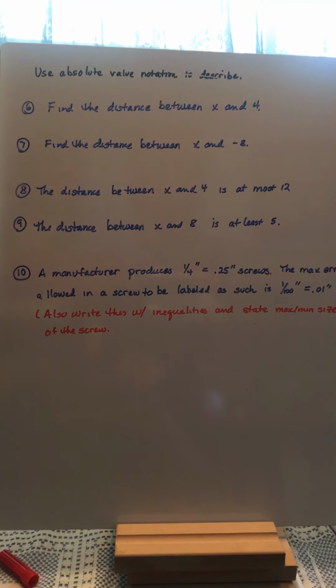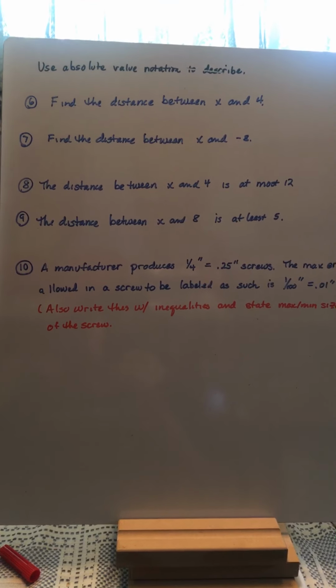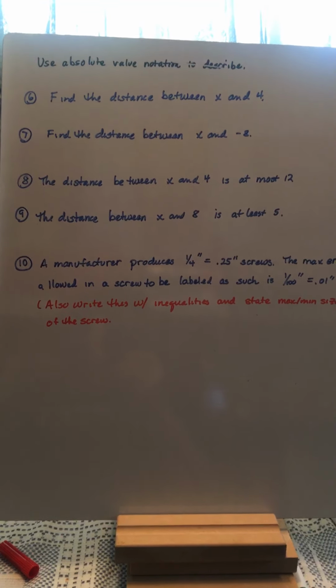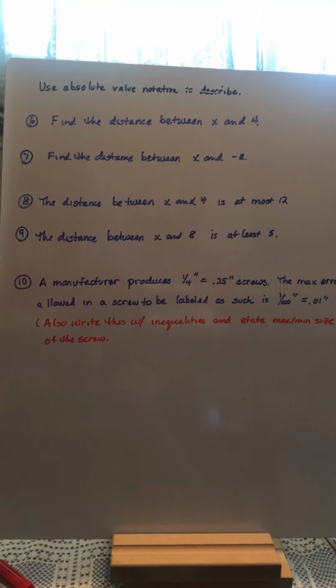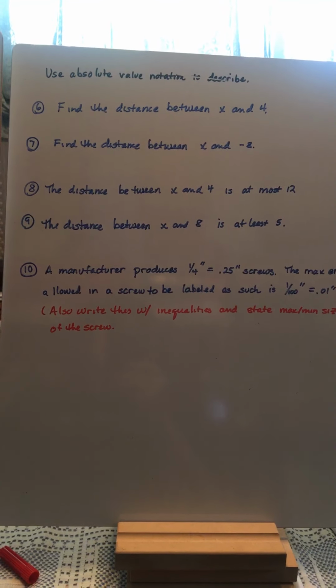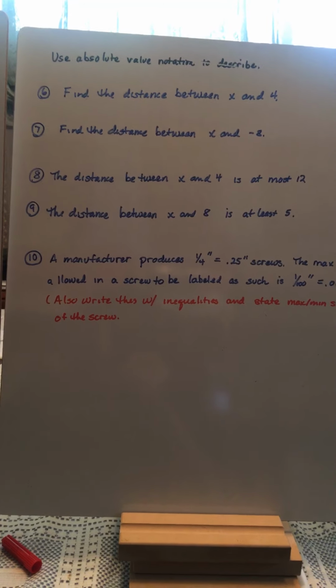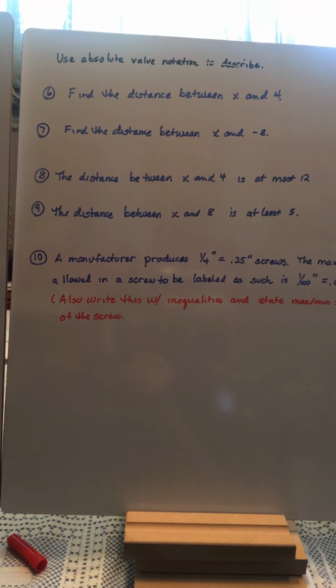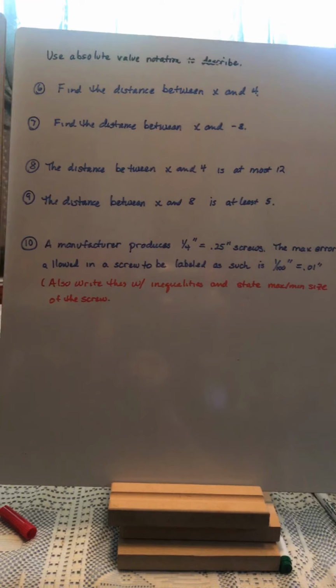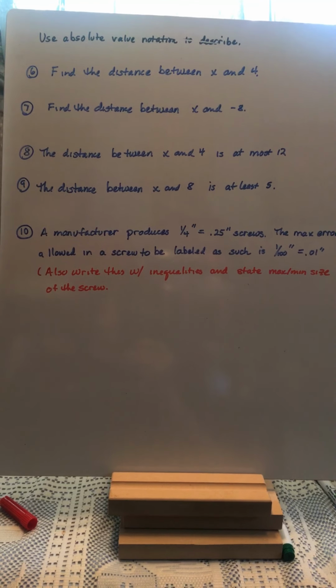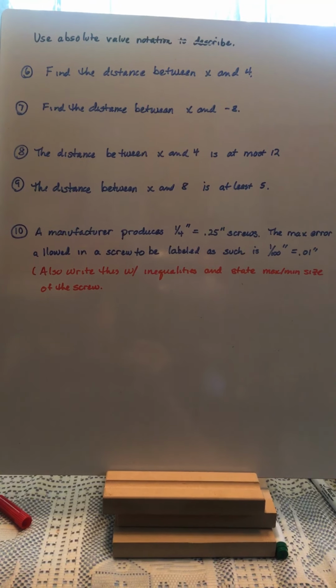So find the distance between x and 4. Find the distance between x and negative 8. The distance between x and 4 is at most 12. The distance between x and 8 is at least 5. We didn't talk about that. And then the manufacturer produces 1/4 inch screws.